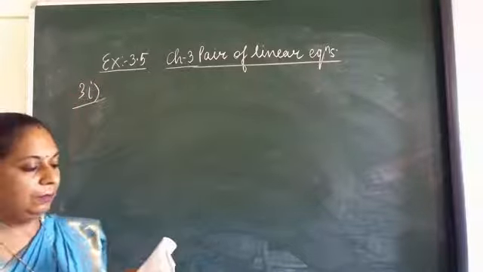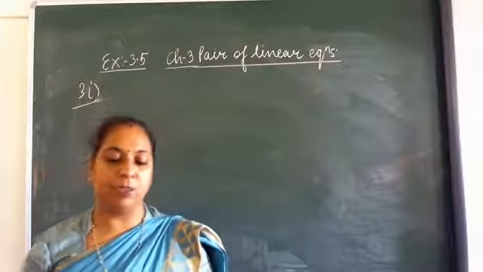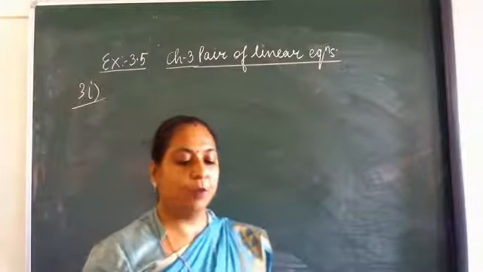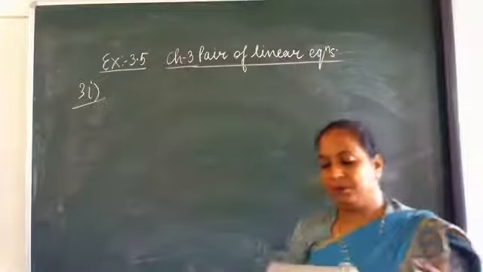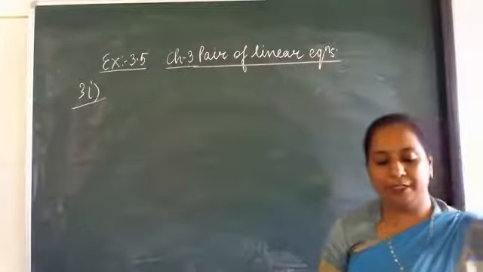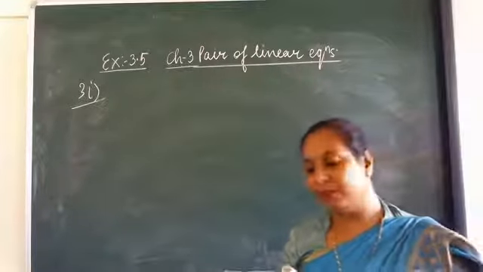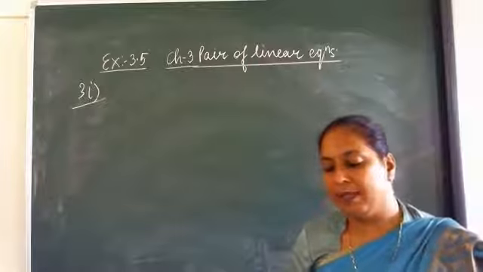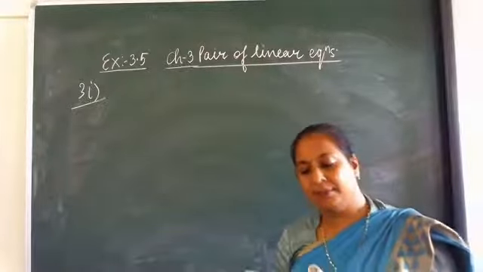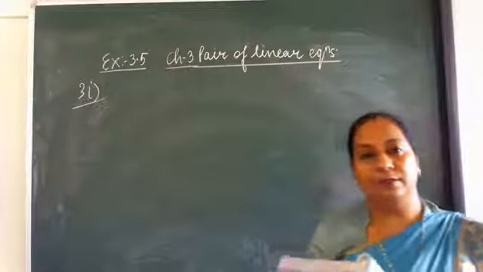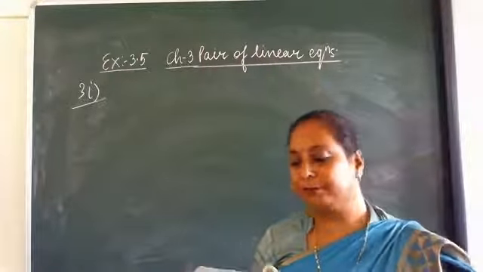A part of the monthly hostel charges is fixed and the remaining depends on the number of days one has taken food in the mess. When a student A takes food for 20 days, she has to pay rupees 1000 as hostel charges, whereas a student B who takes food for 26 days pays rupees 1180 as hostel charges.